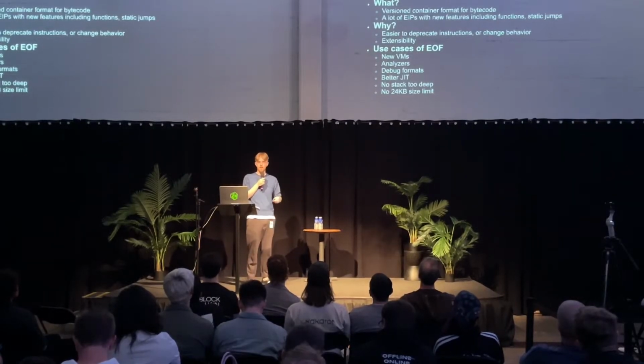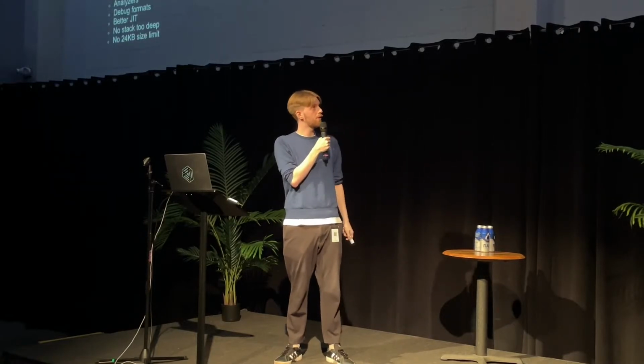Like, imagine you could add a new EOF version with new kinds of crazy bytecode or new kinds of instructions and things like that. And the use cases are VMs, better static analyzers, probably also easier to create debug formats for dev tooling. It's easier to analyze with JIT, there's no stack too deep, and we might be able to also, with some additional work, remove the contract size limit.